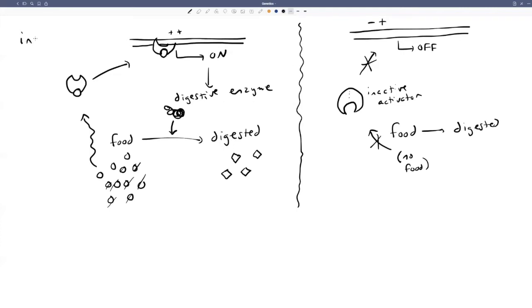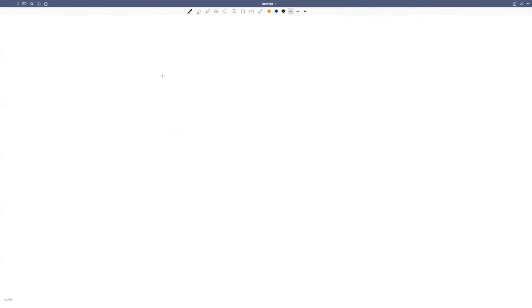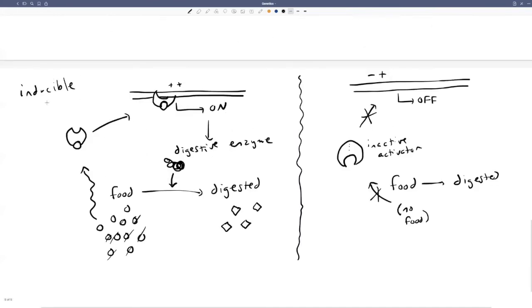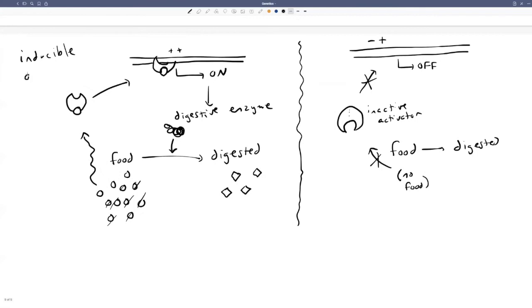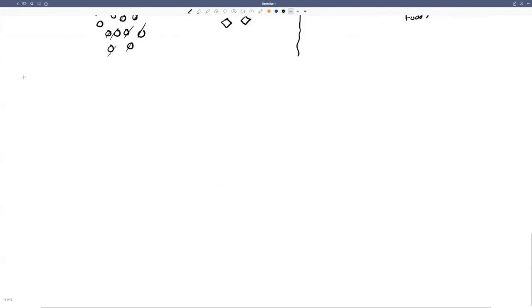So usually off, not just going around all the time preparing to digest food that's rarely encountered, but just turning on the enzyme digestion when needed. So inducible, this is the process of digesting, basically, or breaking down molecules.